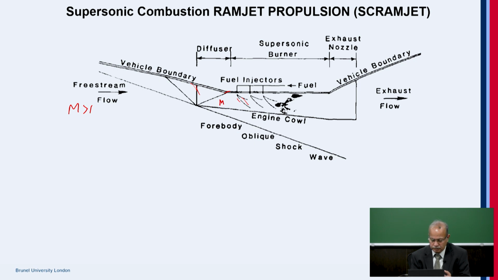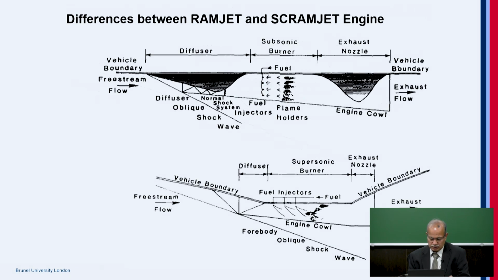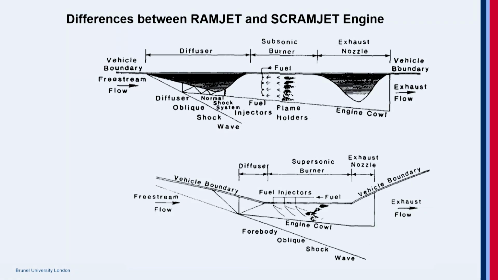The charge enters the combustor. At supersonic conditions, the fuel is injected and mixed, and then it is burnt with possible shock waves present in it. And then at the end of the combustor, it is still supersonic, and the flow continues to accelerate to supersonic speeds.